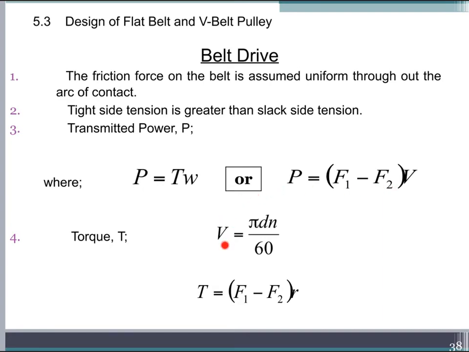For speed, V is equal to pi D N over 60, where D is the diameter of the pulley and N is the rotational speed. And we can also find the value of torque by using F1 minus F2 times R, where R is the radius of that pulley.